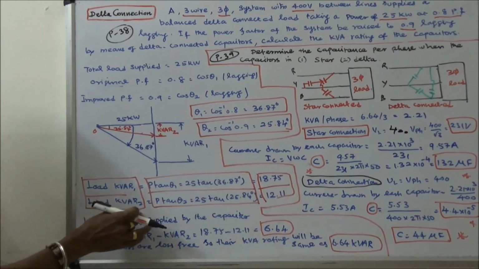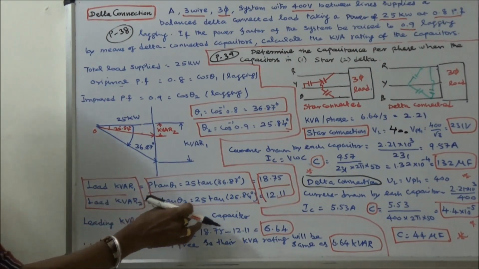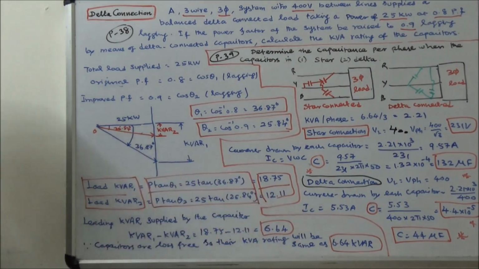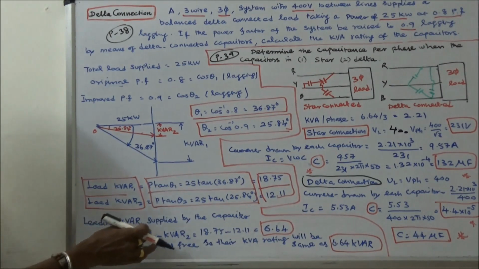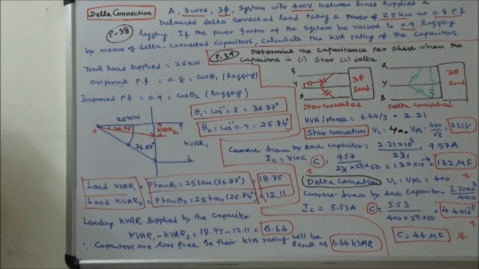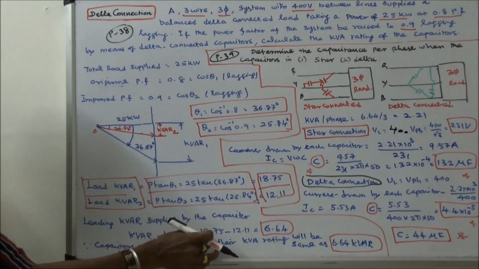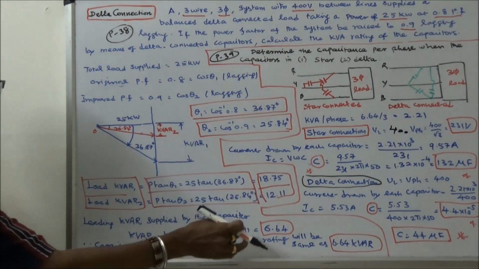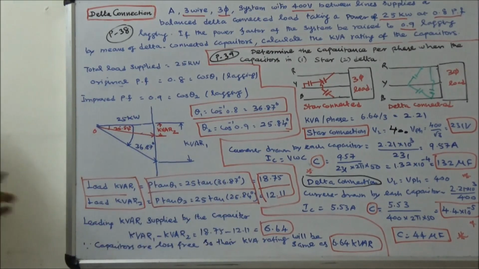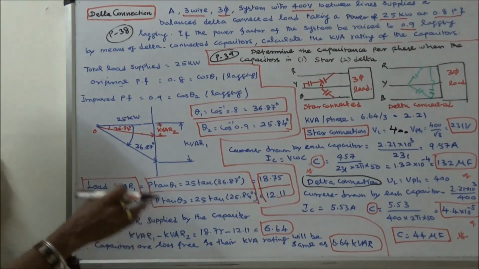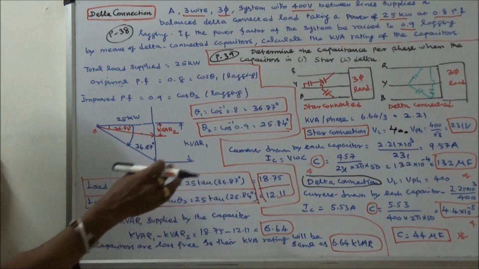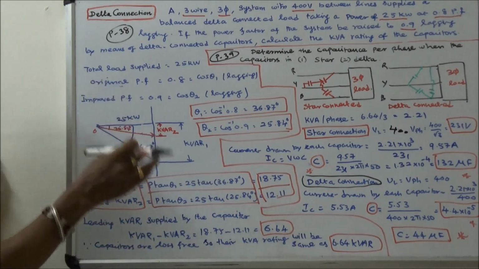Load kVAr2 is equal to P into tan theta 2, it is equal to 12.11. Leading kVAr supplied by the capacitor is equal to kVAr1 minus kVAr2, 18.75 minus 12.11, that is equal to 6.64. Since capacitors are loss free, the kVA rating will be the same as 6.64 kVAr.